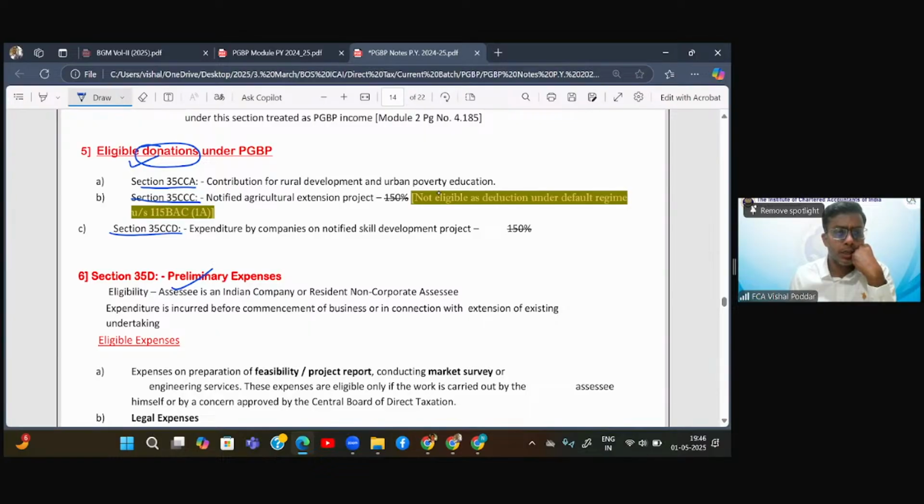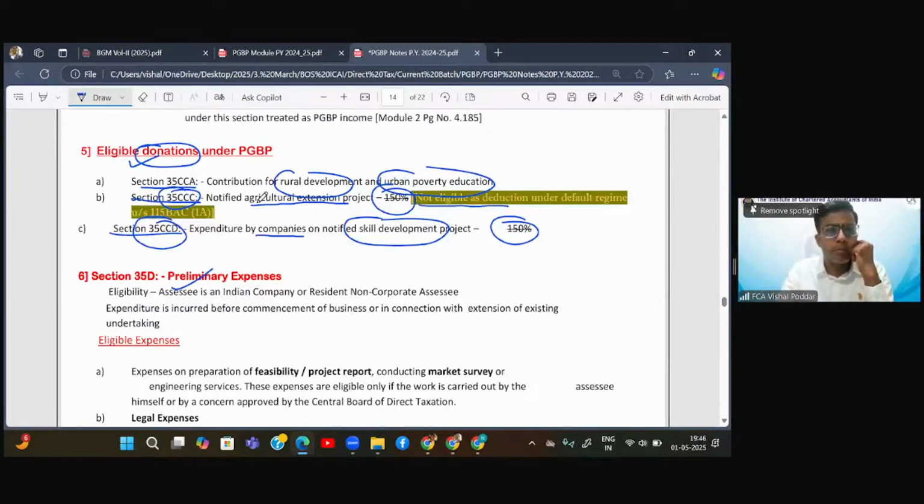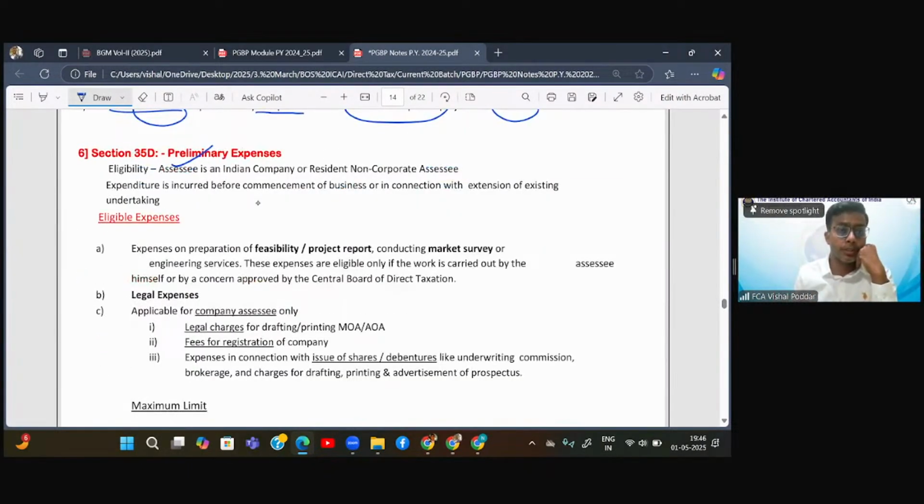In this, 35CCA allows deduction for rural development, urban poverty eradication. 35CCC allows donation for notified agriculture extension. This is not allowed in the new scheme. Next, 35CCD allows deduction for expenditure by companies on skill development projects. Again, earlier these were allowed 150%. Today, everything has come to 100. So it is easy. We don't need to remember the different percentages.